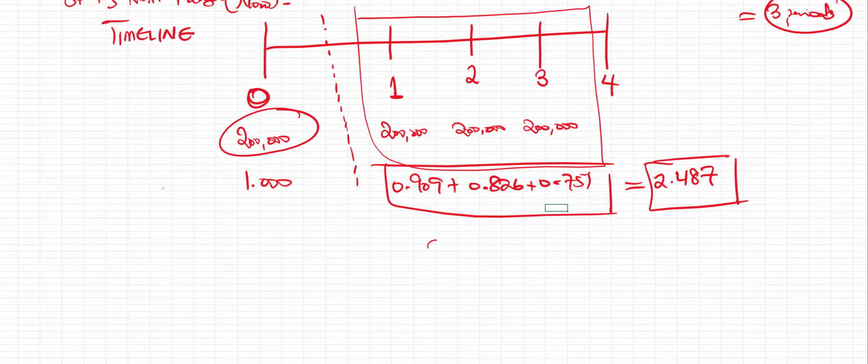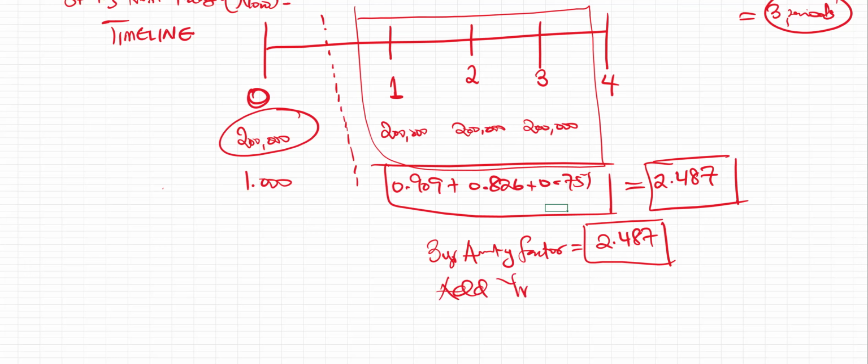Check and see. 3-year annuity factor, 10%. Correct. So you do the 3-year annuity factor, and then you come and add year 0 to it, which was 1. It means that our new annuity factor to use will now be 3.487.